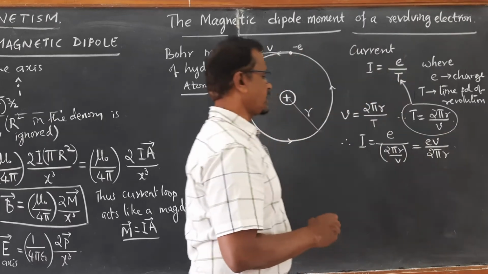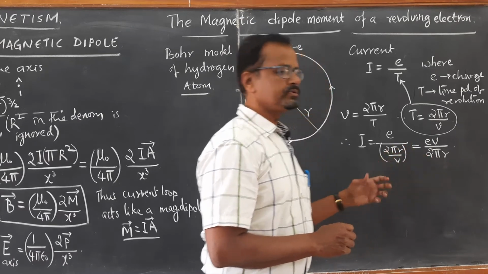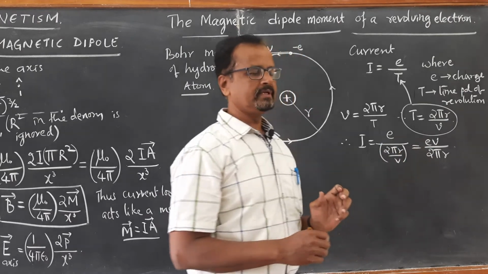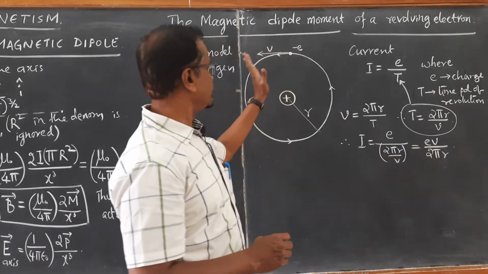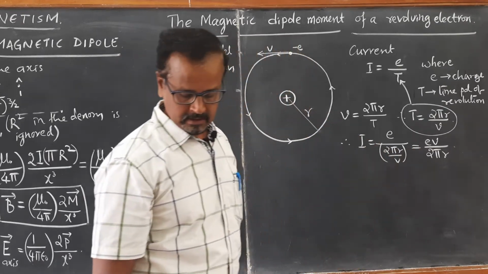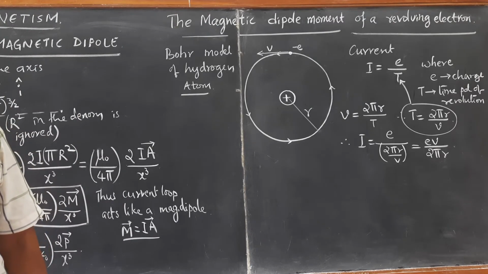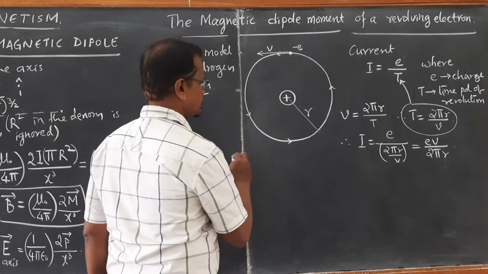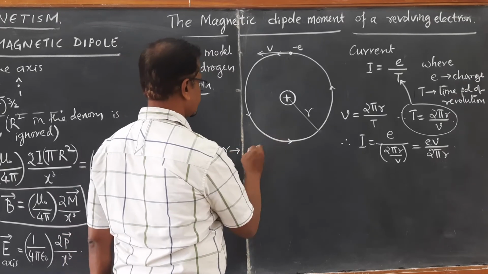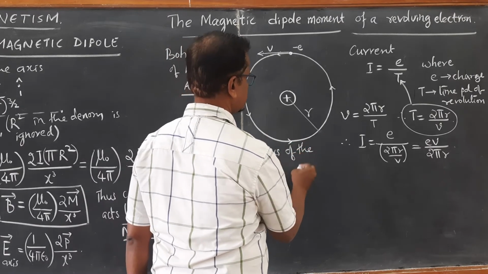So this is the current value, e into v upon 2 pi r. 2 pi r gives you the complete circumference, e is the charge of the electron, and v is the linear speed or linear velocity of the electron. So this is how we get the current. Using this current value, now I can calculate the corresponding value of the magnetic moment. Here r is the radius of the circular orbit.